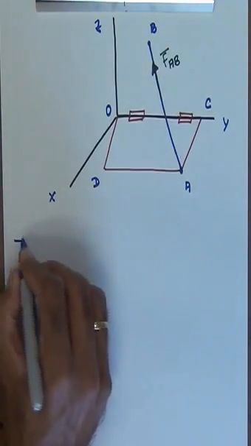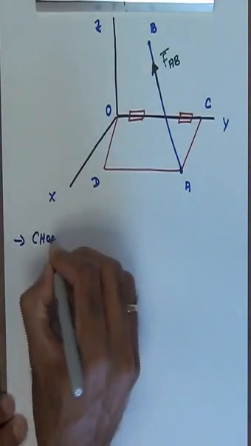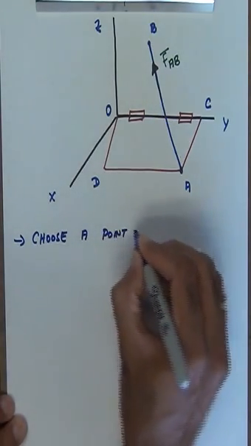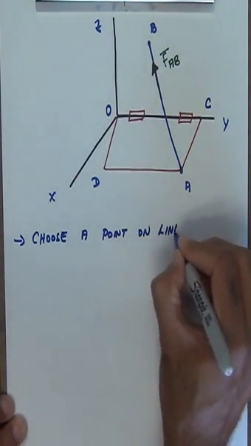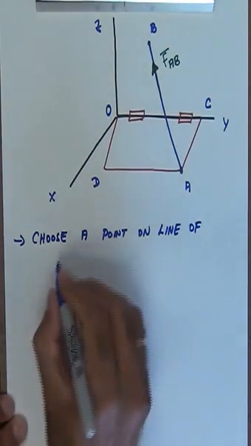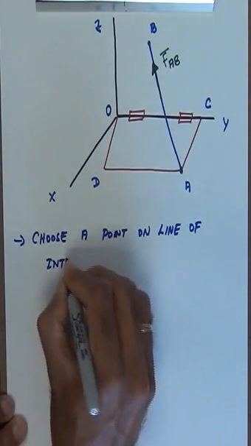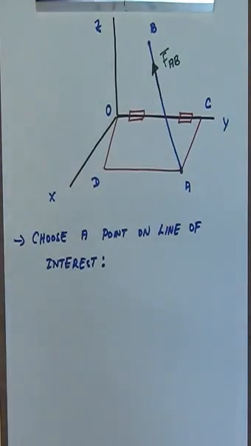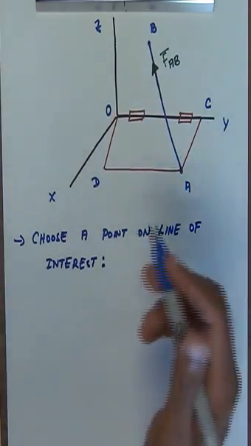Alright, so we choose a point on the line of interest. Now there are two lines of interest for us because there are two parts to this problem.